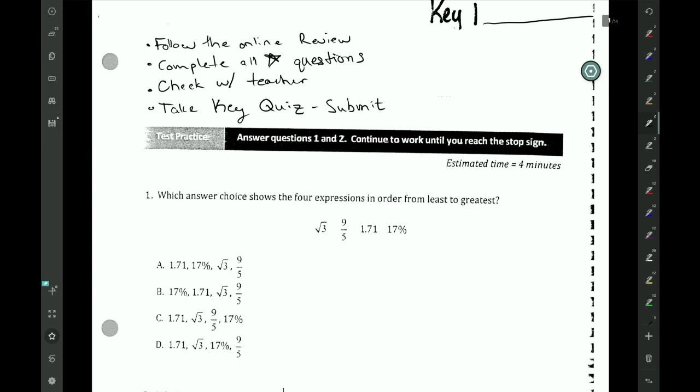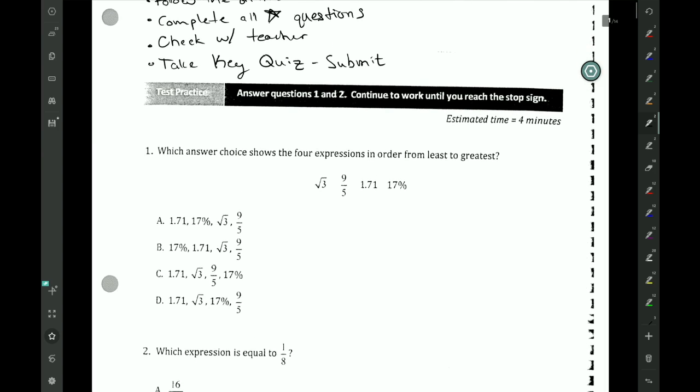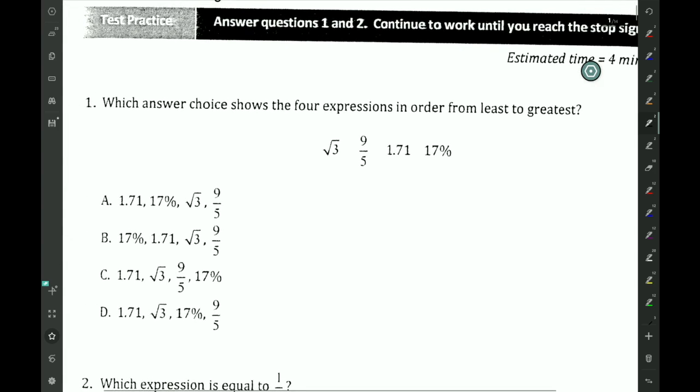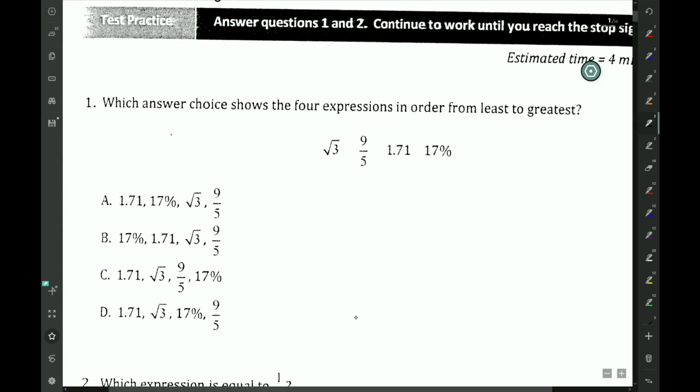Okay? Which answer choice shows the four expressions in order from least to greatest? For simple questions like this, you are allowed to use your calculator, okay? So go ahead, use your calculator, find what each is approximately.